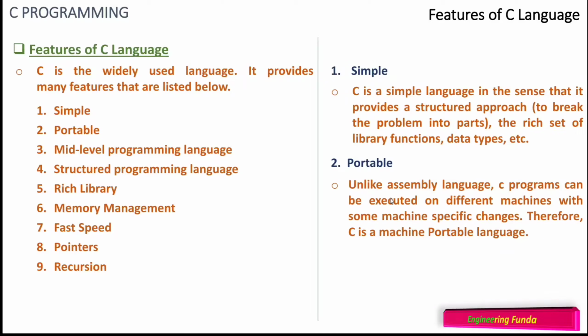So we can take a C program written on Windows, take it onto a Linux machine, and do some smaller changes, because there is a change in the operating system and there might be a change in the hardware as well. So we make some small changes, compile that C program using the compiler on that particular machine, and we have the machine code available, and that machine code could be directly executed on that particular machine.